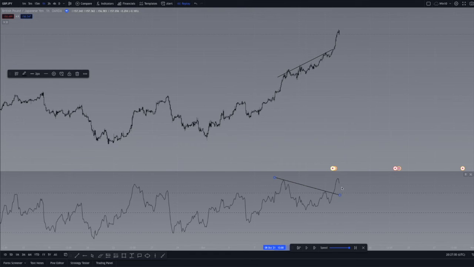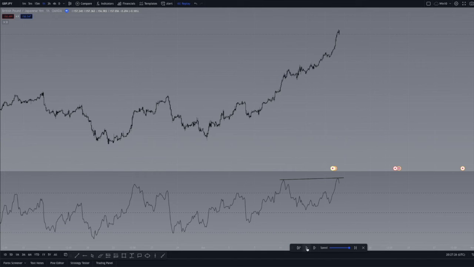If I redraw this trend line to track the RSI, this and price are doing the exact same thing. They're both in an uptrend. So now that's confluence. There's no more divergence. That is a confirmation that they're both doing the same thing, so there's nothing to worry about, nothing to change.